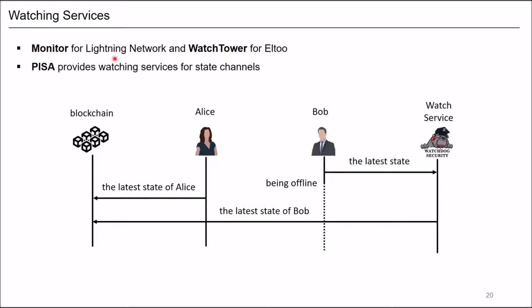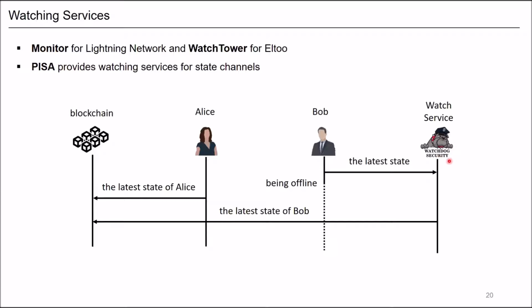Monitor for Lightning Network and Watchtower for L2 are being developed, and PISA provides watching services for state channels. Users outsource their latest state to the watching service before going offline. Watching services then act on behalf of the user to secure their funds.